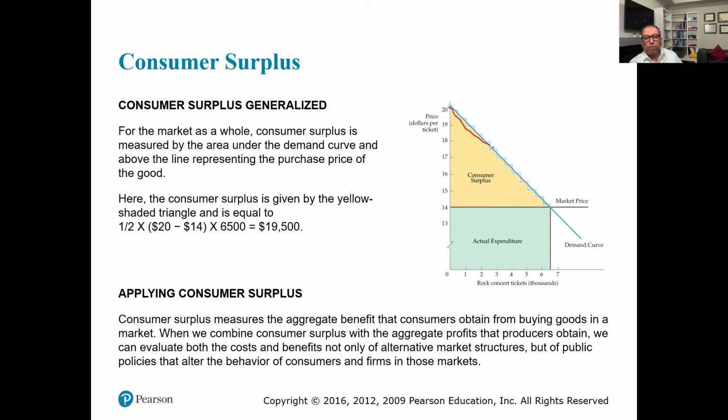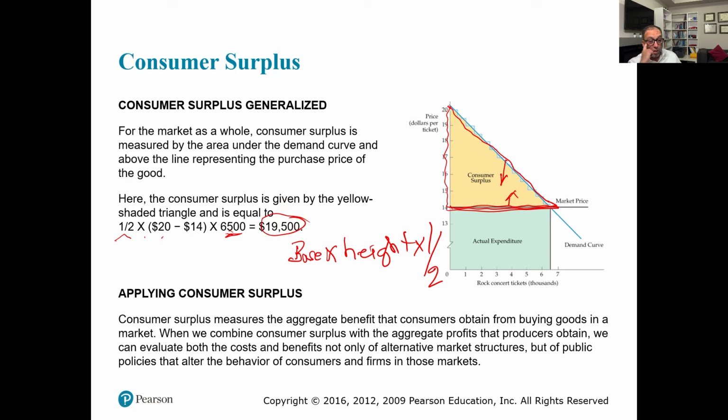This yellow shaded area is a triangle, so we use the geometric formula, base times height times 1/2: 1/2 times (20 minus 14) times the base of 6,500, and we get a consumer surplus of 19,500.